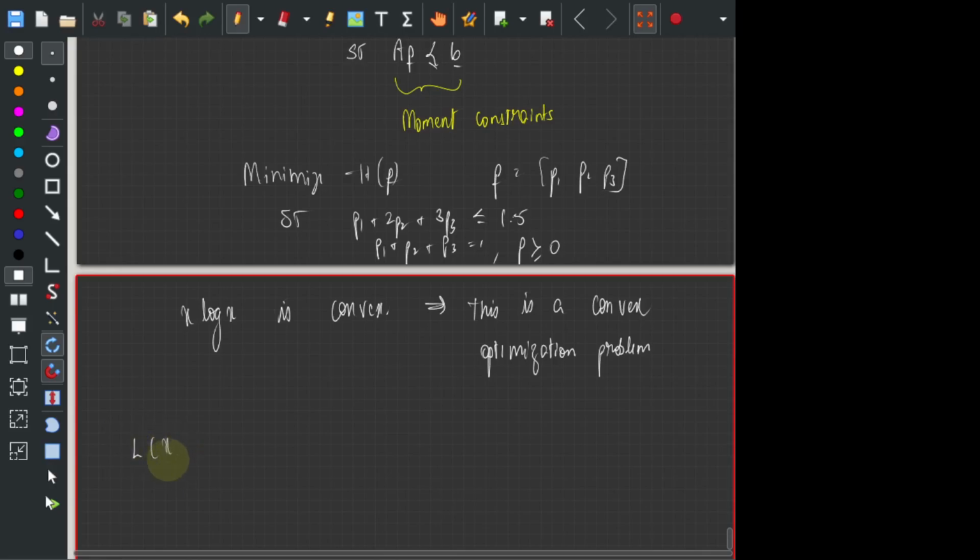Let me try to construct the Lagrangian first.